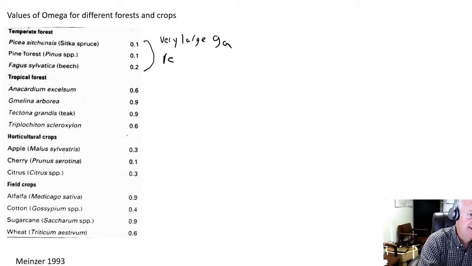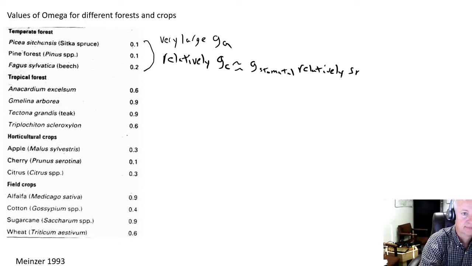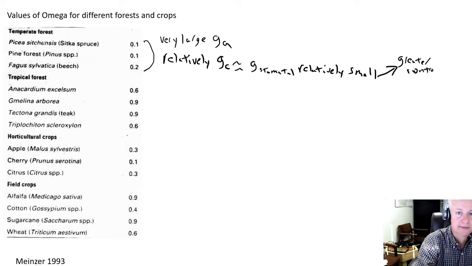Conversely, these are situations with trees, especially conifers, where canopy conductance, which we can roughly think of as stomatal conductance, is relatively small. So between those two, what that ends up meaning is that the canopy conductance term has the greater control over transpiration.